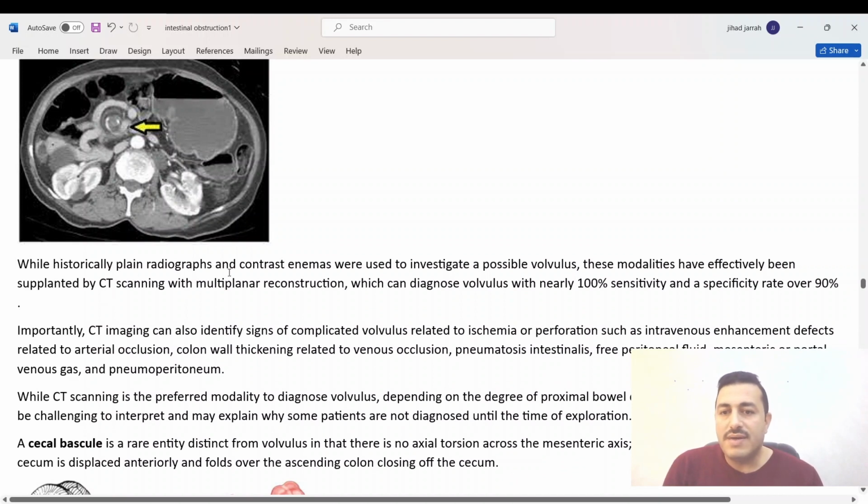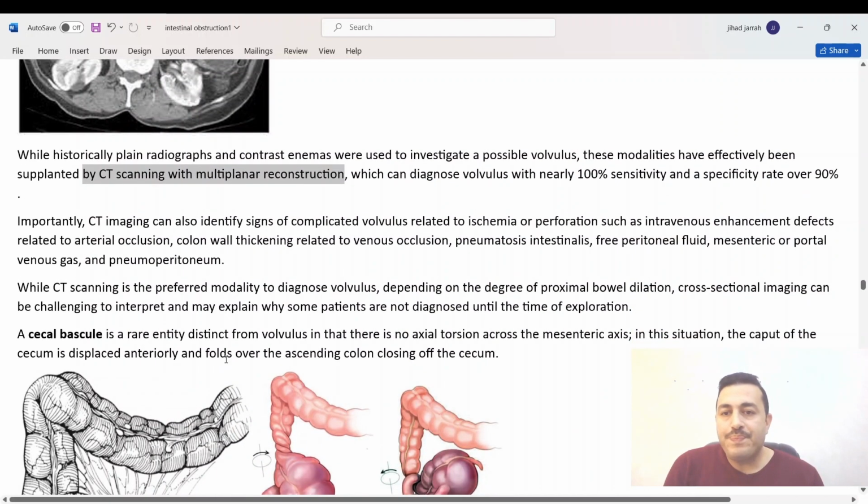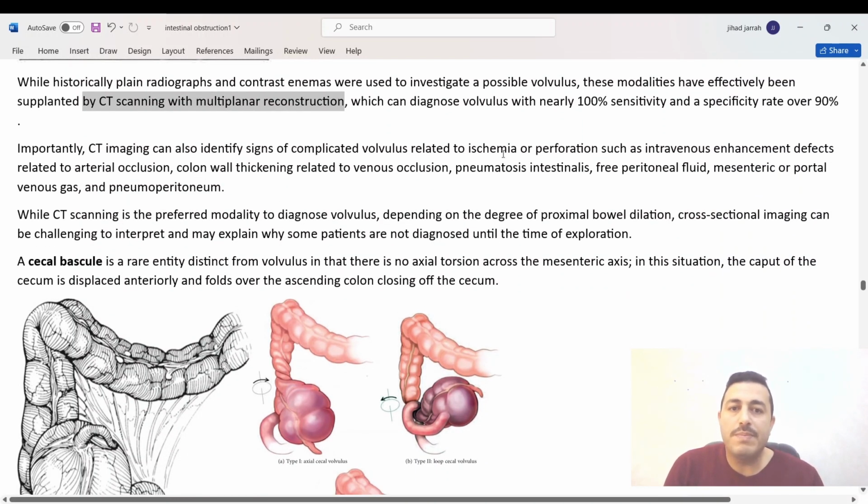In the past we relied on enemas and radiographs. Now CT scan is becoming more popular with high sensitivity and specificity. They said that CT can also pick up ischemia, perforation, arterial occlusion, air-fluid levels, free peritoneal air, pneumatosis intestinalis, and venous obstruction.